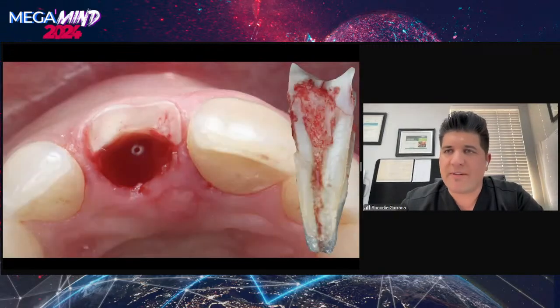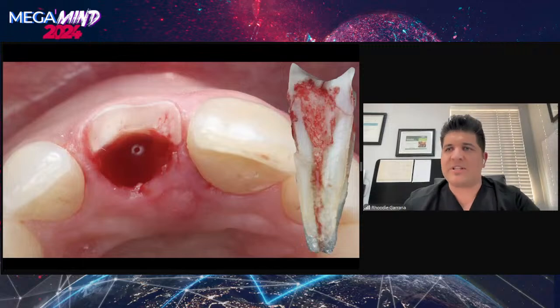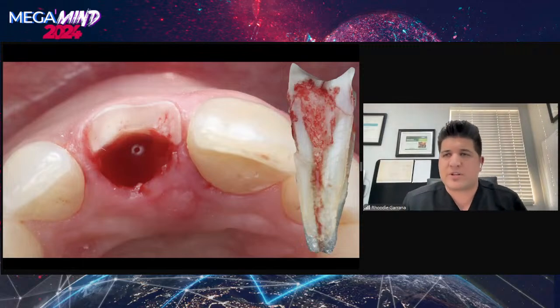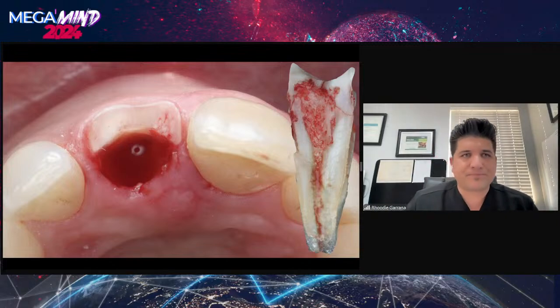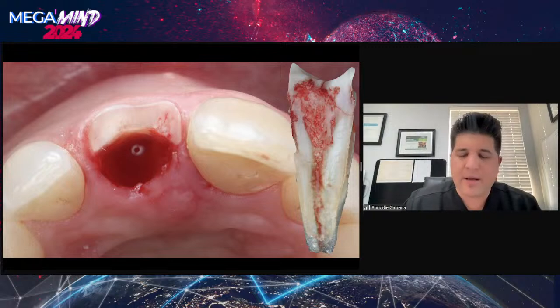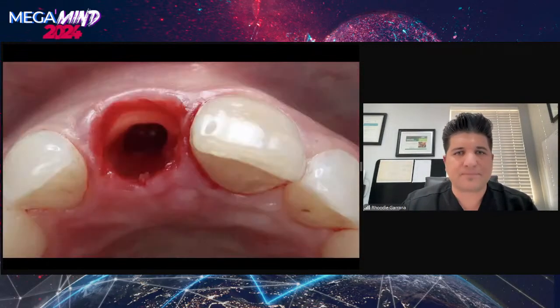So this was us having removed the palatal root segment, and you can see the destruction of the tooth structures quite significant when you're looking at it from this angle. And we have a retained buccal root left in place.